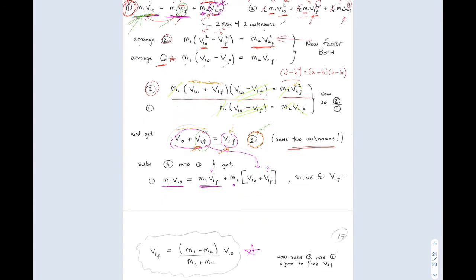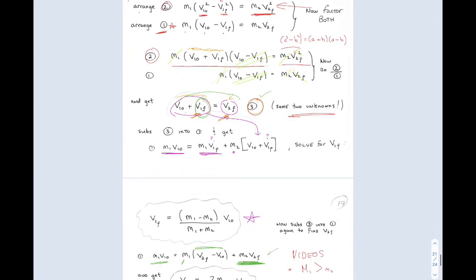I have M1 V1 initial, that's my M1, and right here where I have V1 final, I put in this. If you bring this one over, you have V2 final minus V1 initial, and then I still have that M2 V2 final sitting right there.